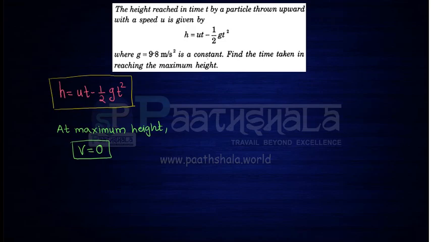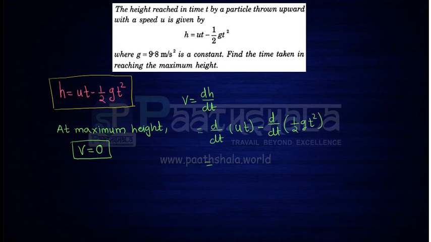So the velocity is given by v equals the derivative of height with respect to time. So we will get d by dt of ut minus d by dt of half gt squared.